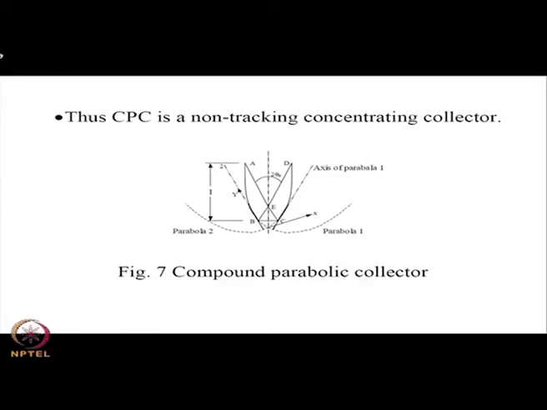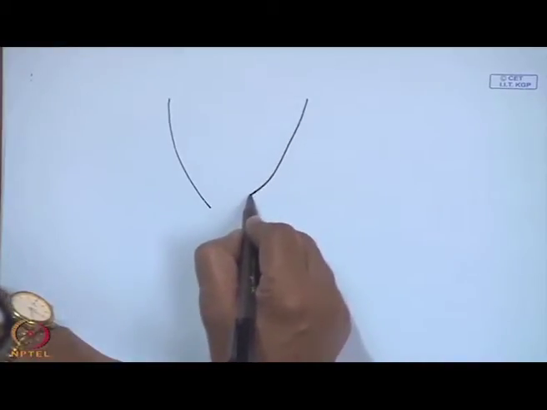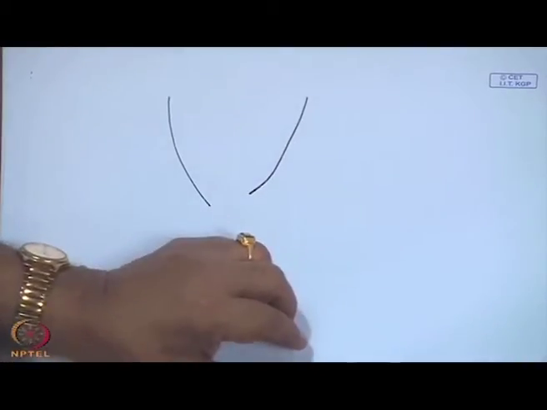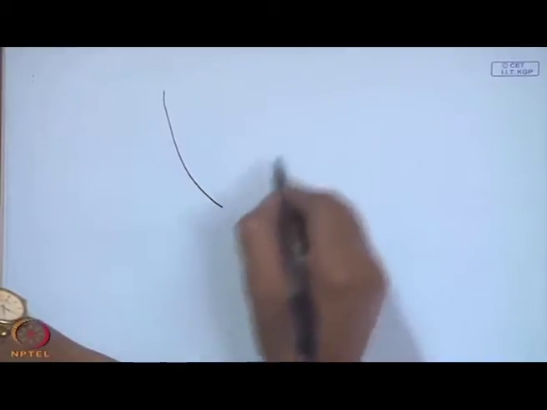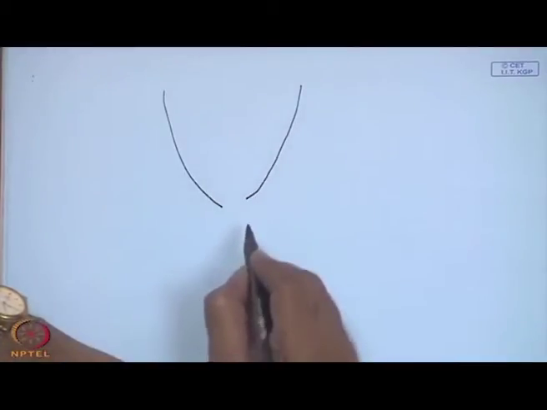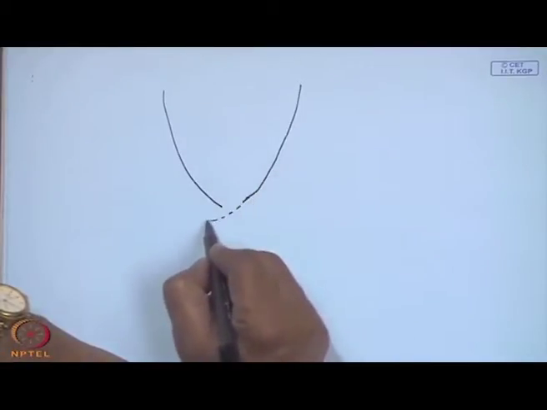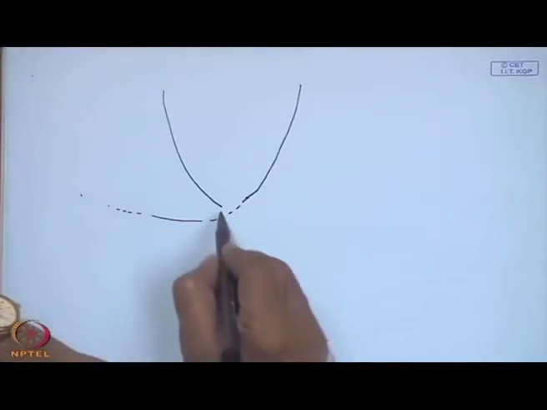So, I have shown the picture of a compound parabolic collector. Basically, it consists of the solid lines, let me redraw. These are two parabolas, rather part of two parabolas. This will be continuing like this.